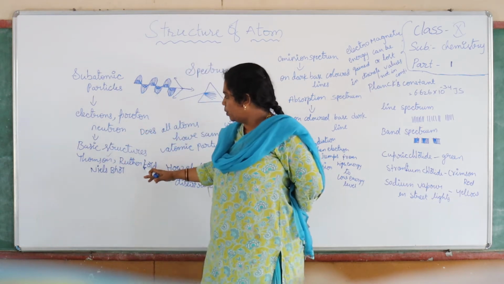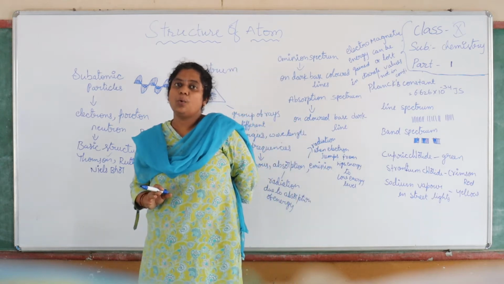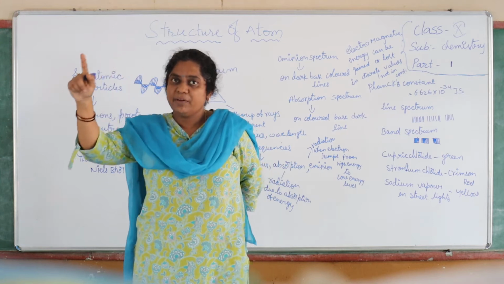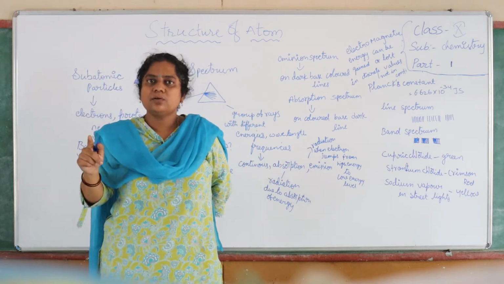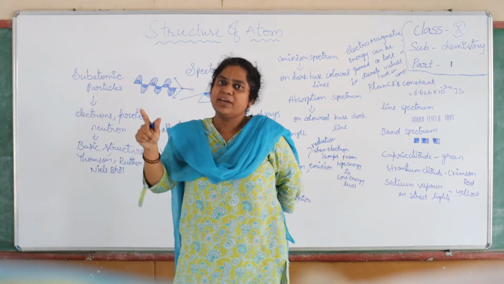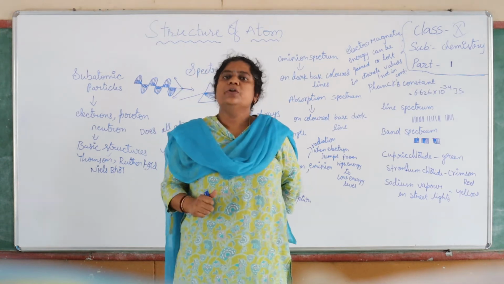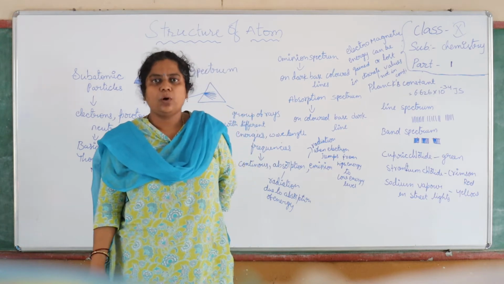And Rutherford model is also called the planetary model. What is this planetary model? As the planets are revolving around the sun, electrons are revolving around the nucleus. So his model is called the planetary model.